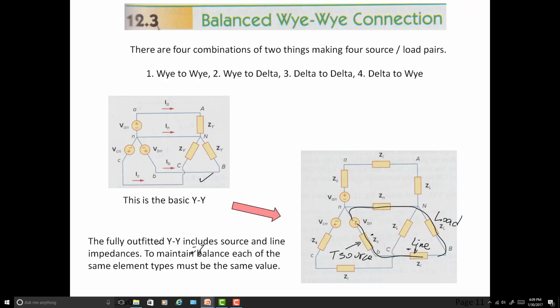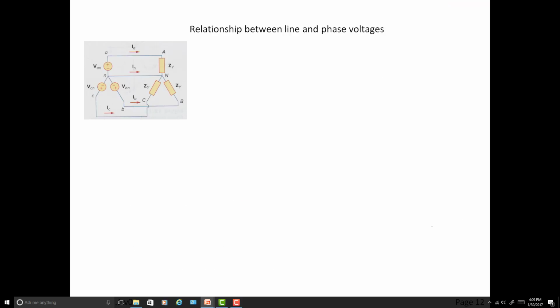You can kind of look ahead and anticipate what's going to happen. You've got small impedances here running against a large impedance on the load. Even if they're complex, which they are, the load is going to kind of swallow them up. That's really what the author was trying to indicate.